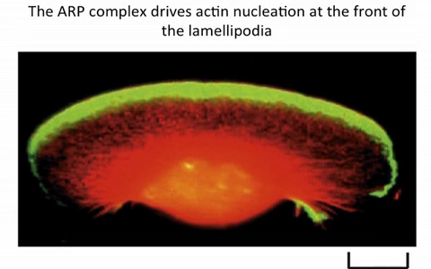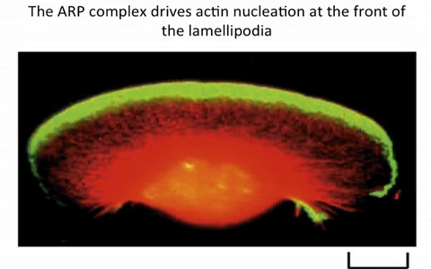Okay, so more microscopy. Here's ARP in green, and actin is red, and green and red make yellow, kind of, in microscopy. What you're seeing here is your cell, and the leading edge is full of ARP and actin.